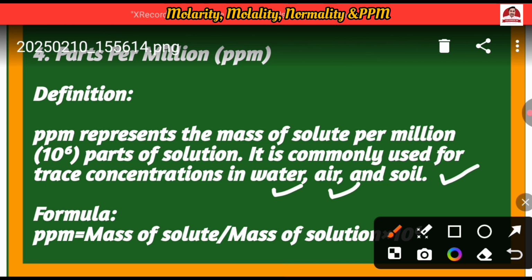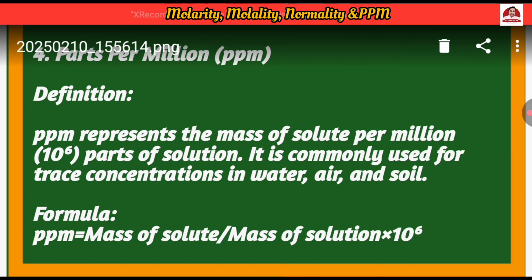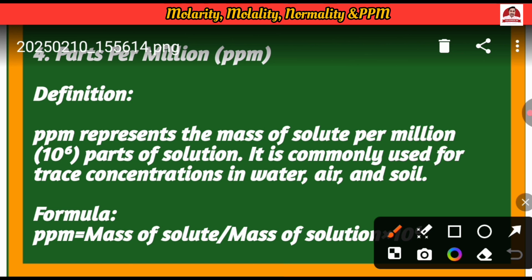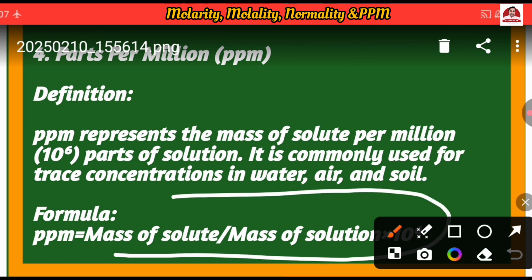And its formula is ppm is equal to mass of solute divided by mass of solution multiplied by 10 raised to power 6. By this formula we can calculate the ppm of the solution.